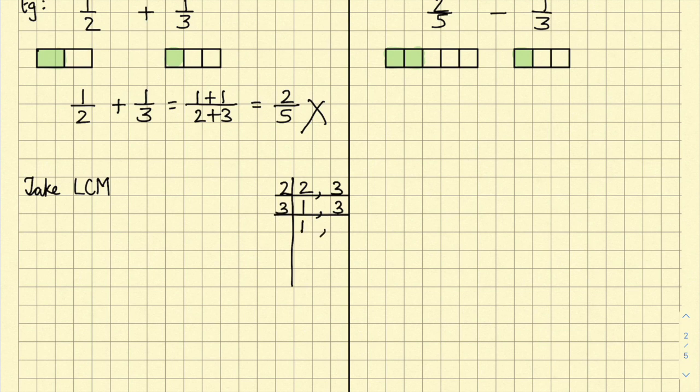This 1 as it is copy and 3 ones are 3. So ultimately when we multiply these outside numbers 2 and 3, I get the LCM as 2 multiply 3 equal to 6. So now what I need to do is I need to make 1 over 2 with denominator 6 and 1 over 3 also having denominator 6.